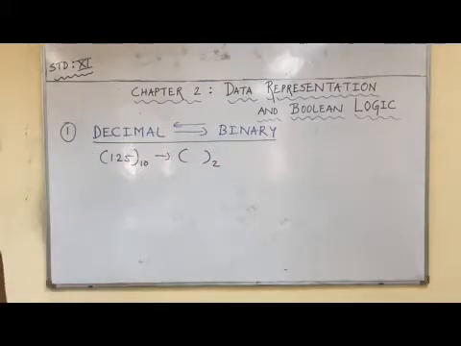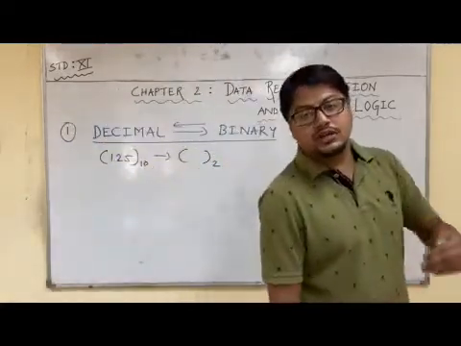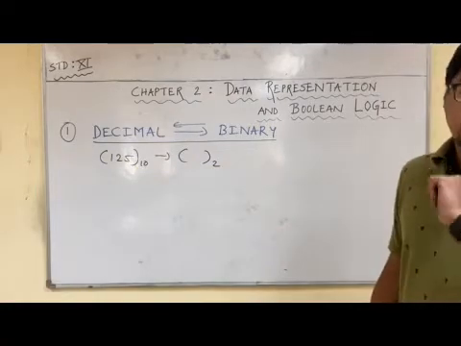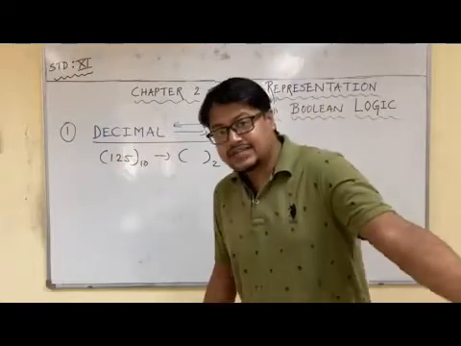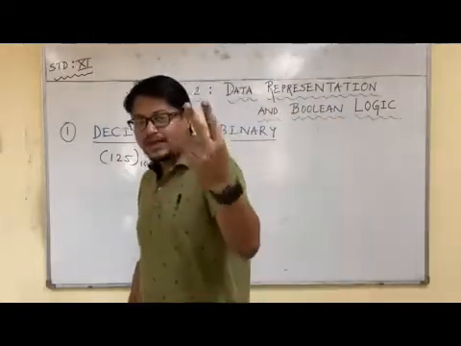Remember, whenever we are converting a decimal number into binary, we will divide by 2. Why divide by 2? Because binary has 2 digits.